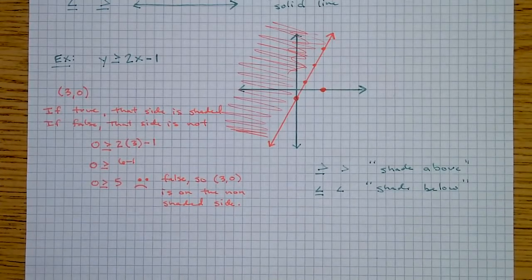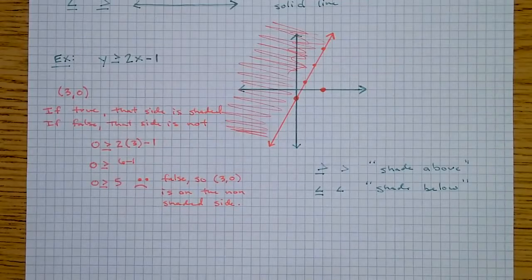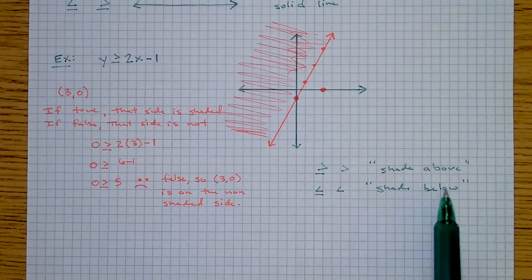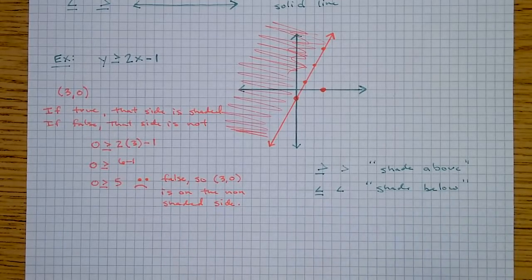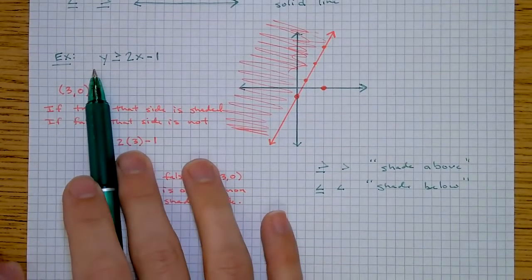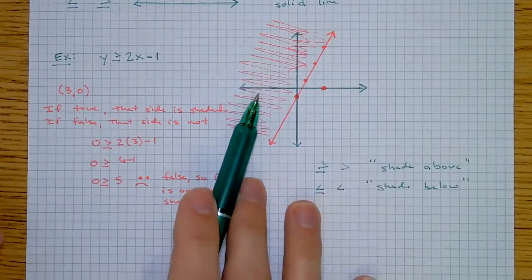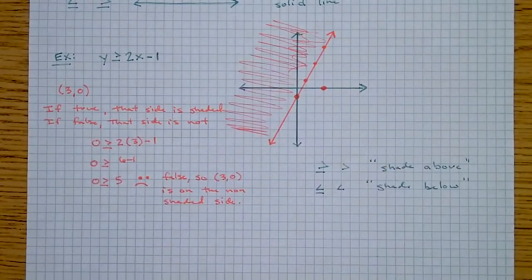Which is kind of tough, because the more vertical a line gets, it's tougher to tell what's above and what's below. So it always makes sense to test a point to get the exact answer. But you can also think of it as shading above or shading below. So again, we get y is greater than. You can see that it's kind of above the line. It's hard to tell a little bit, but that's one way to think of it.